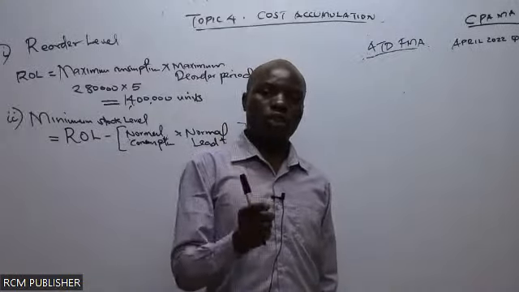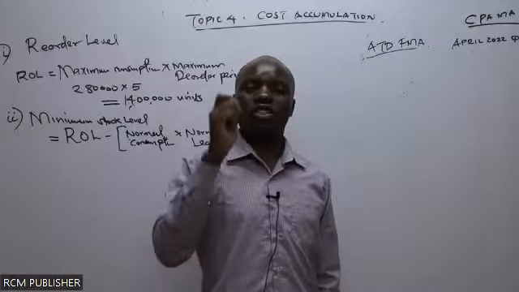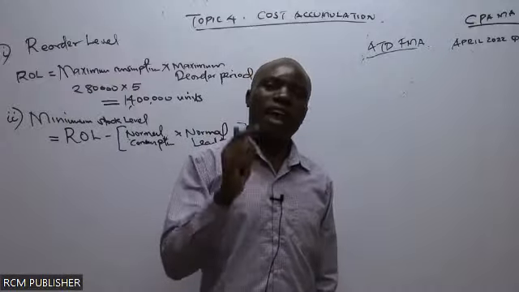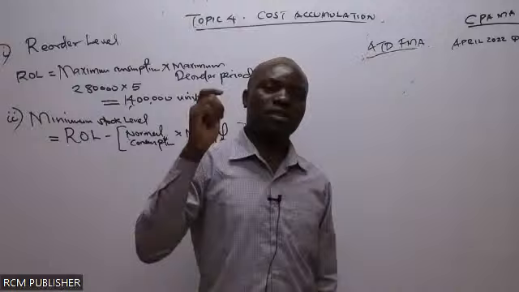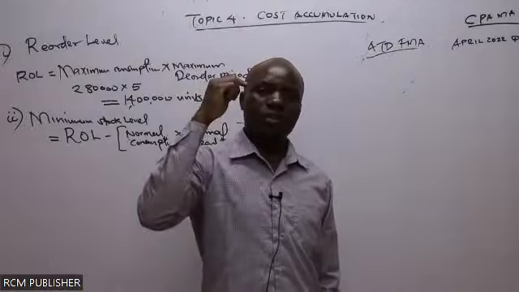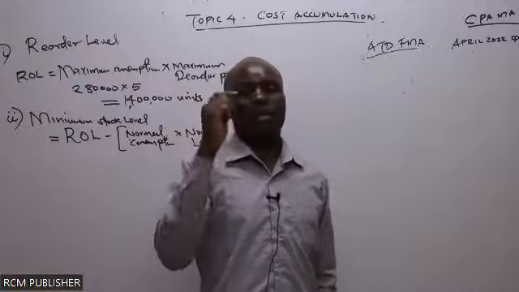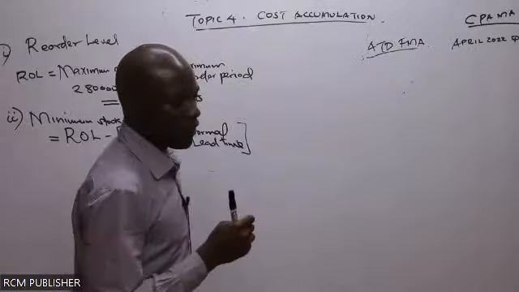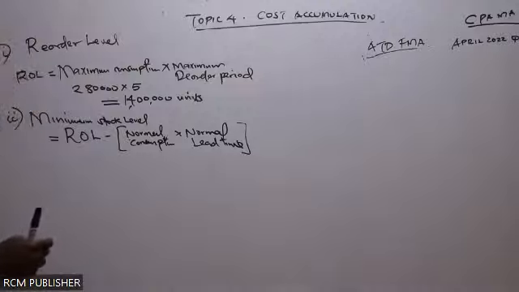We are basically getting the average of the two. If you are given that the average lead time is this number of days or months, then automatically that average becomes our normal lead time.